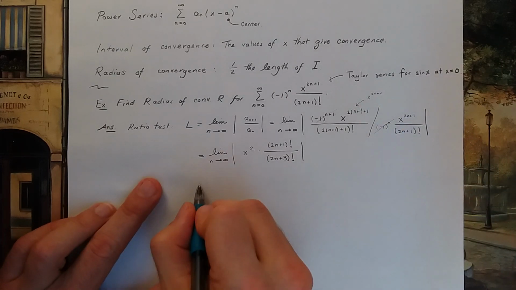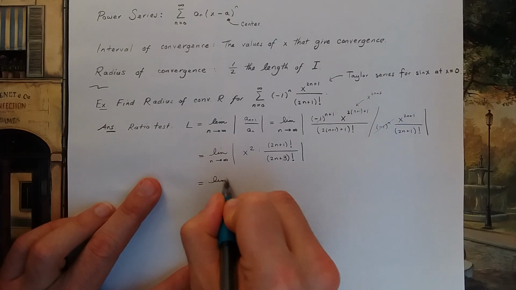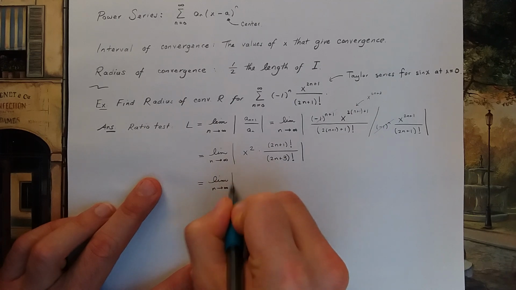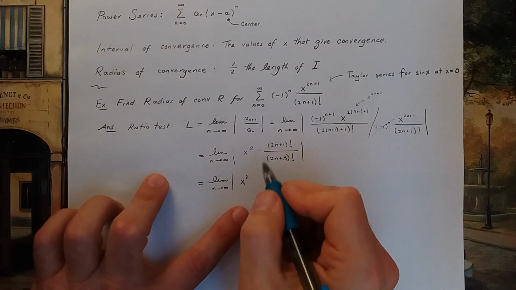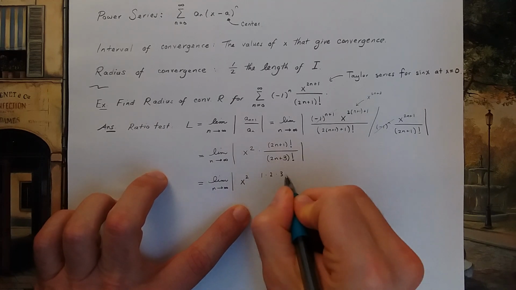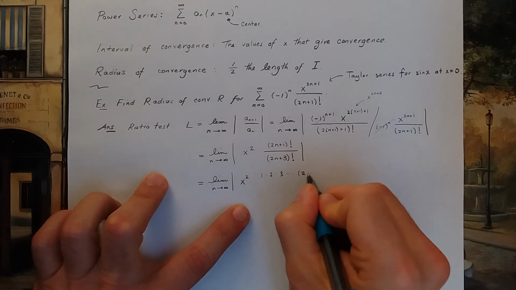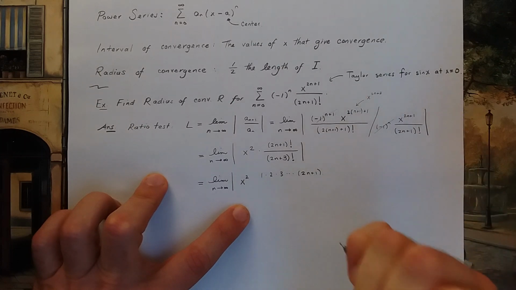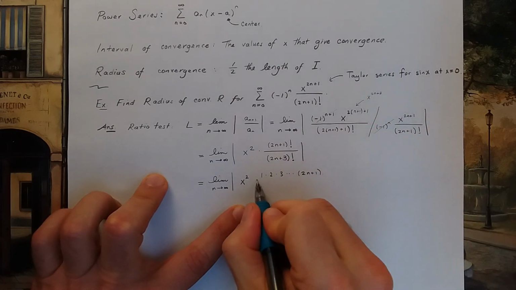Okay, so how do the factorials simplify? I like writing all the factorials out. So on top, I have 1 times 2 times 3 until I get to 2n plus 1. That's 2n plus 1 factorial.